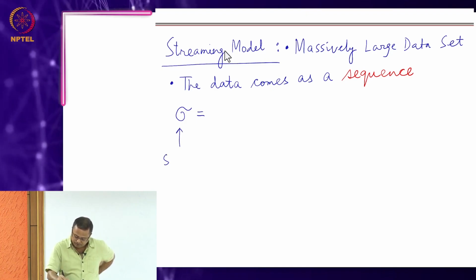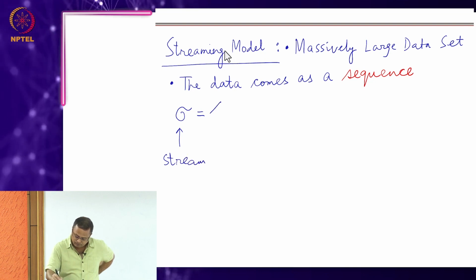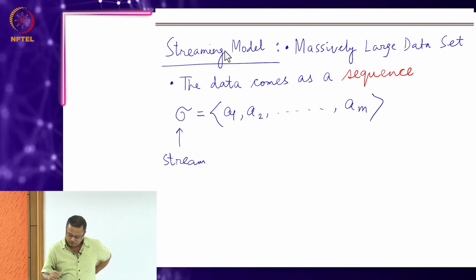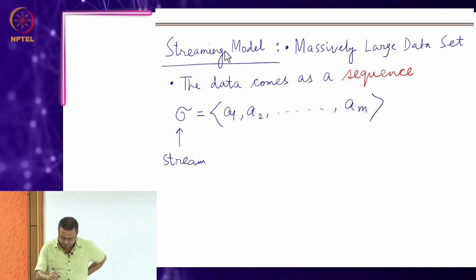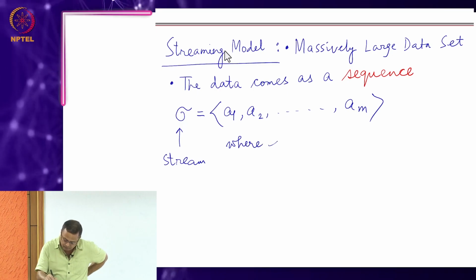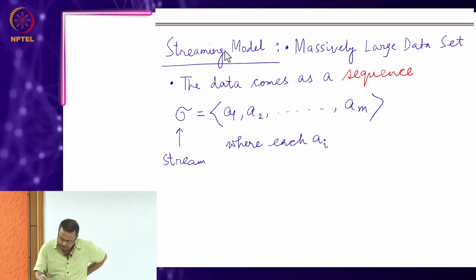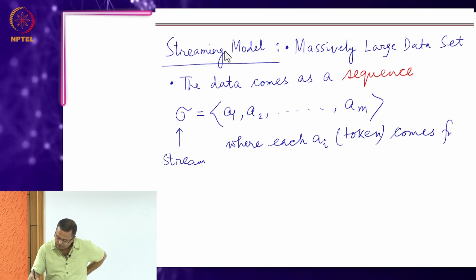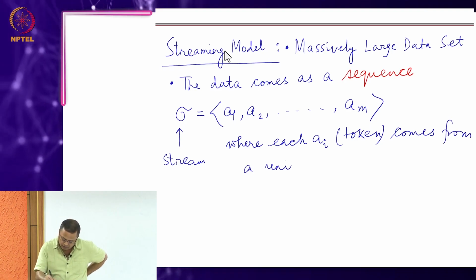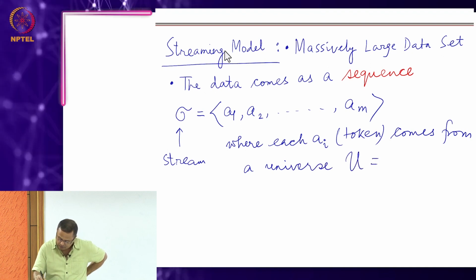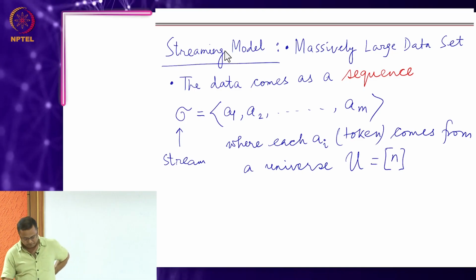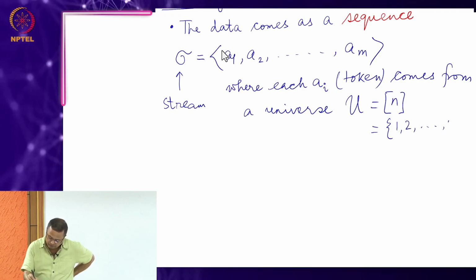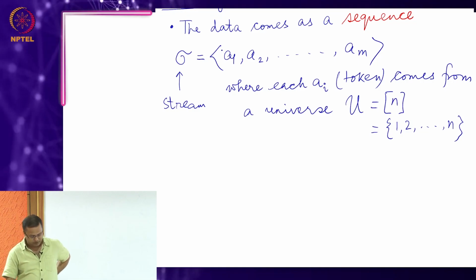So, I call this the string. I will call each Ai a token. Okay, what did I write?